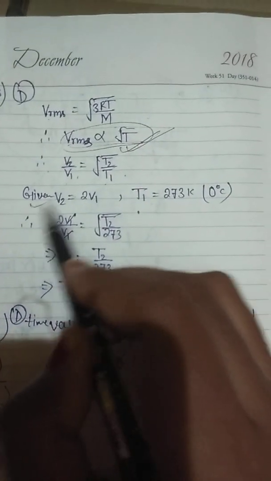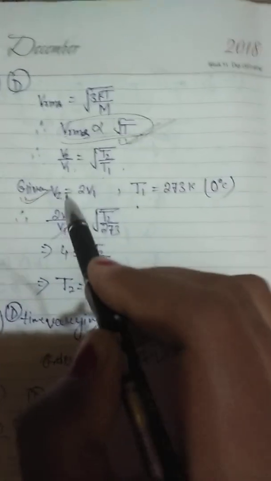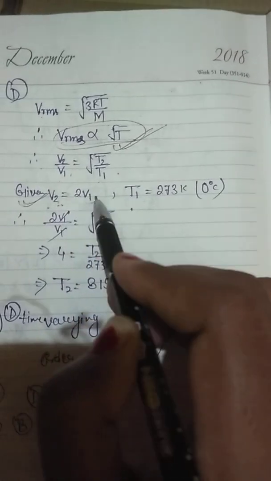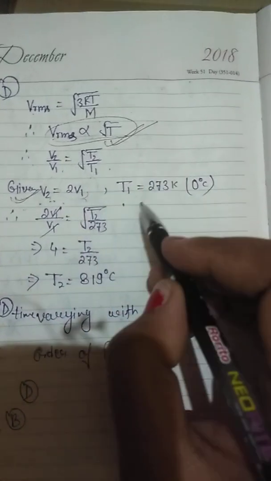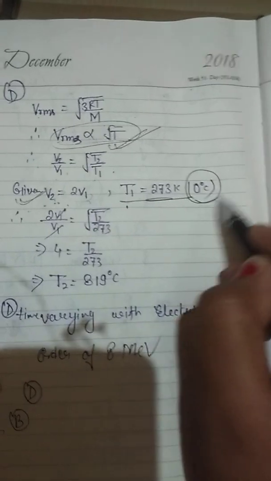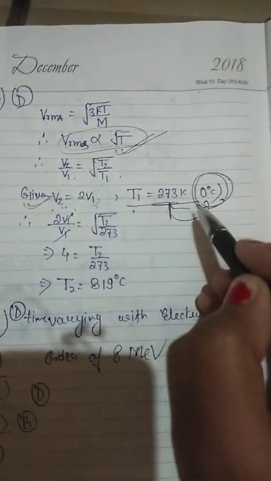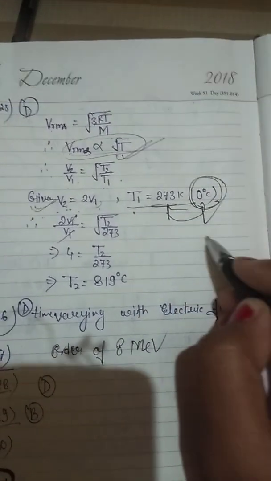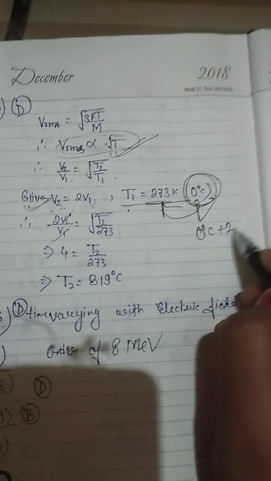By solving it, what is given is that the second Vrms is 2 times the first, so V2 is equal to 2V1, and the first temperature is 0 degree Celsius, so we can write 273 Kelvin, converted from 0 degree Celsius plus 273.